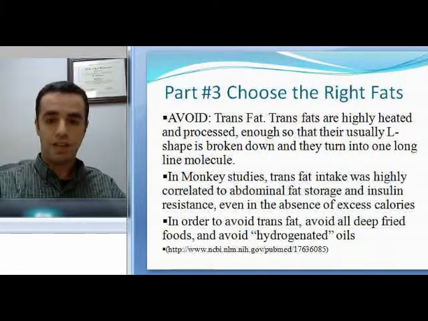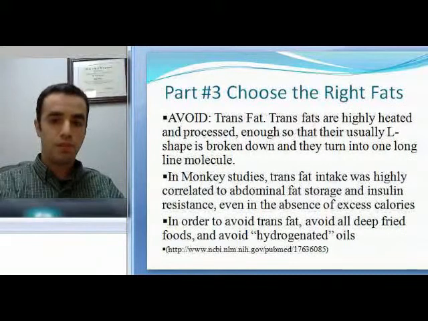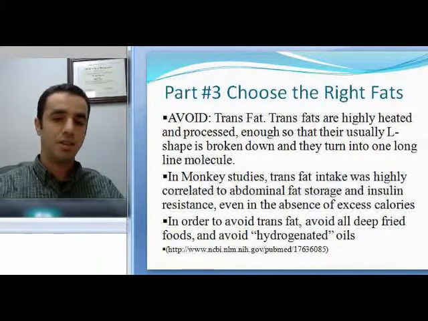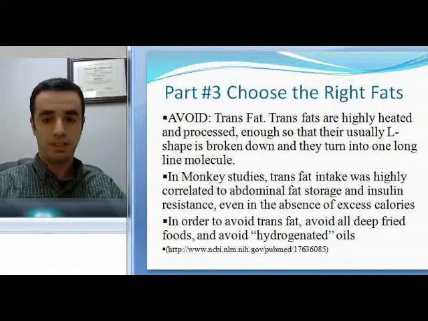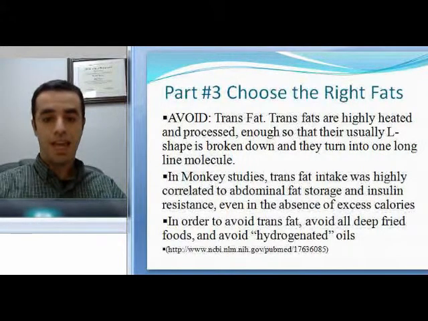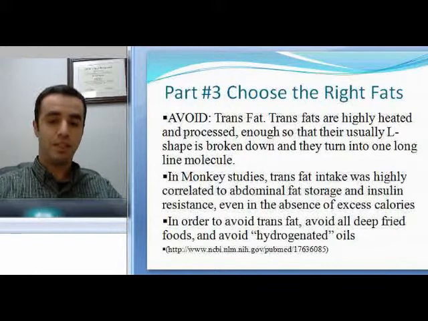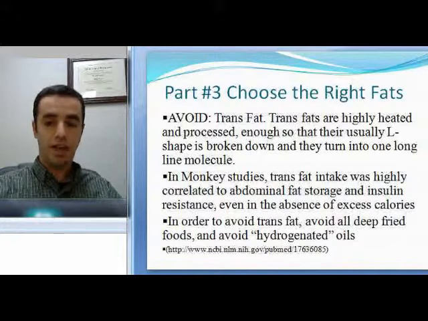For example, in monkey studies, trans fat intake was highly correlated to abdominal fat storage and insulin resistance, even in the absence of excess calories, meaning that the monkeys were not eating too much, however they were still getting fat in their abdominal areas. They were still getting more belly fat than they should, and they weren't eating too much. So it was the trans fats that were doing it.